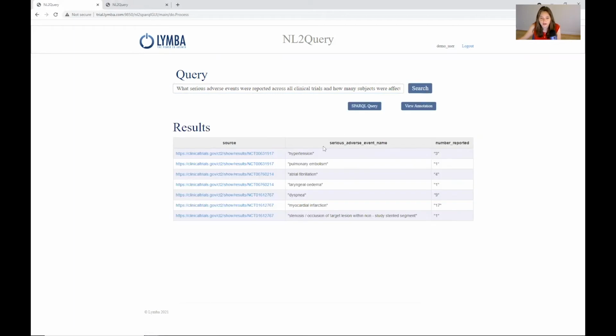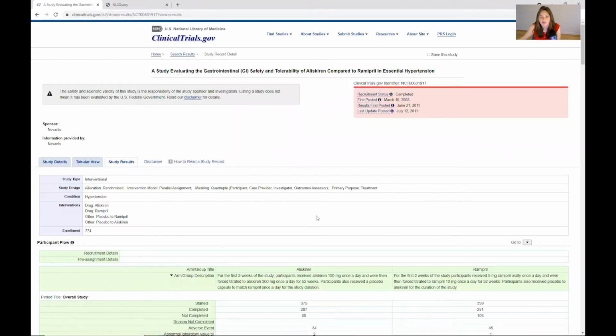So in this one, you'll see that we're now asking questions from an aggregation of the clinical trials. And again, we're seeing the information from the source and what that would look like if I wanted to click on the specific source document. It's going to bring me back specifically to that clinicaltrials.gov.